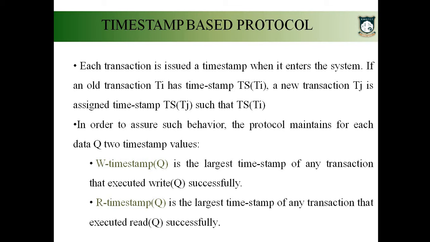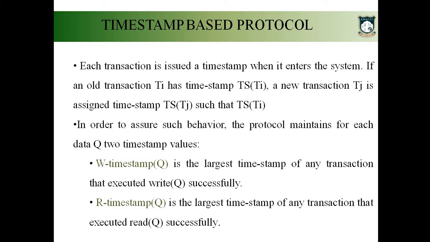And what will we have in these timestamp values? Say for example, the data item called Q is accessed by 3 transactions, T1, T2, T3. Whichever transaction has the maximum timestamp value, that timestamp value will be the read timestamp value of the particular data item.